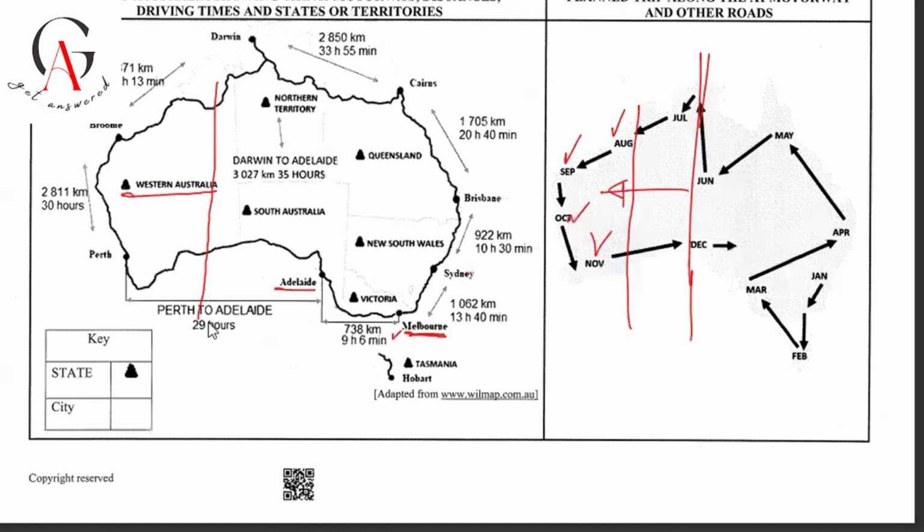So here we are. Now you check very well that the distance here, others are given, but the distance from here to here is not given. So what you're going to do, we shall subtract all the other distances from the total distance that they gave us in the scenario.